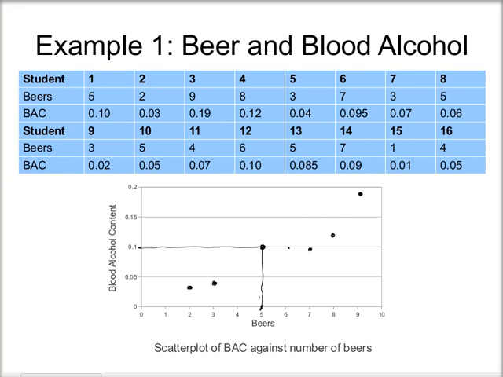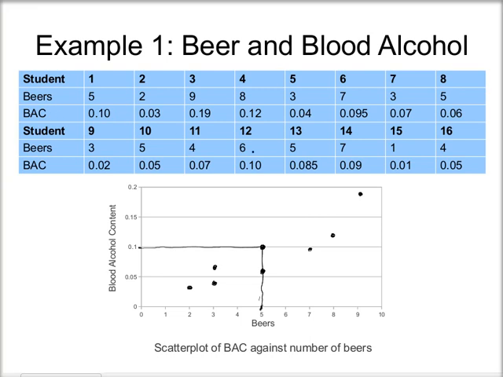I have another student who drank 3 beers, and this student had a blood alcohol content of 0.07, so that is higher than the other student who drank 3 beers, and that's going to be about here on my chart. Then I've got a student who drank 5 beers and had a blood alcohol content of 0.06, which is about here on my chart, so I'll put a point there.